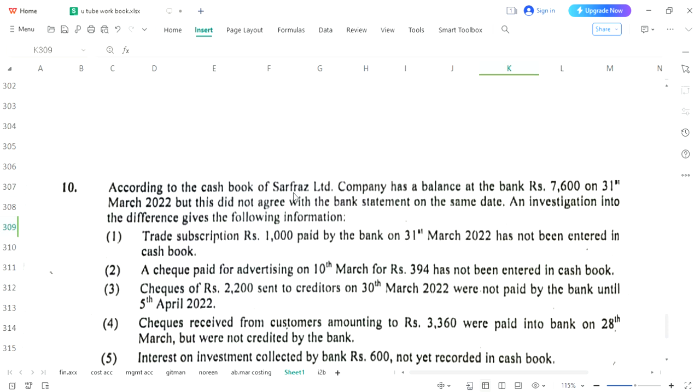The first entry starts over here, but you can see this amount is mentioned at the start of the question. Sometimes, if you do not focus, this amount would be skipped, so it's better to be very focused on the narration of the question. According to the cash book, this is the cash book balance.